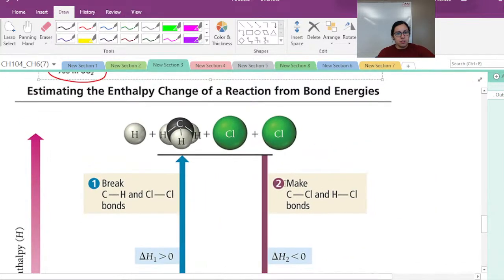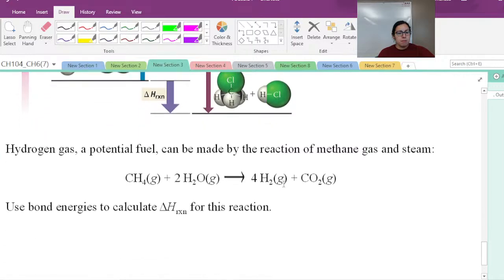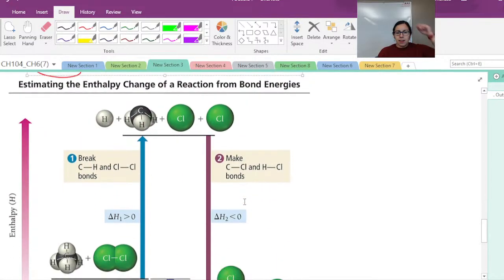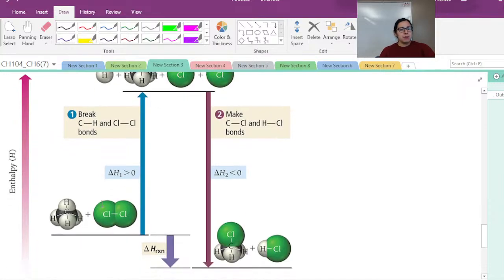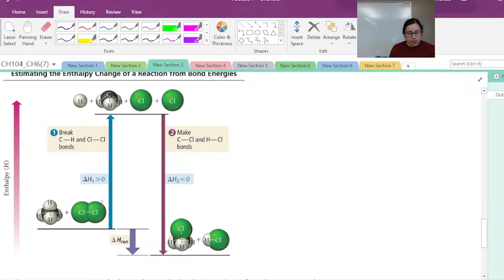So let's try to do this example problem. We'll do this one kind of together. First it's walking you through visually what's happening and what we're doing. It's saying, well, we're going to figure out what we're going to break. So this is our starting material. We're going to put in energy to break our bonds, so we can determine that. And then we're going to make a carbon-chlorine bond and a hydrogen-chlorine bond, and then get that energy back out.